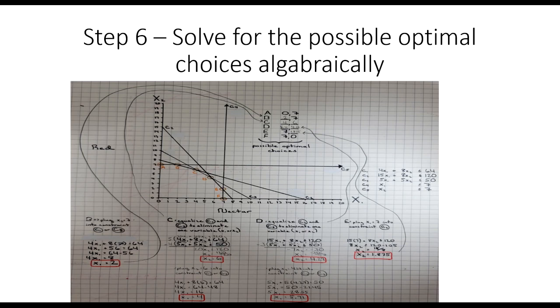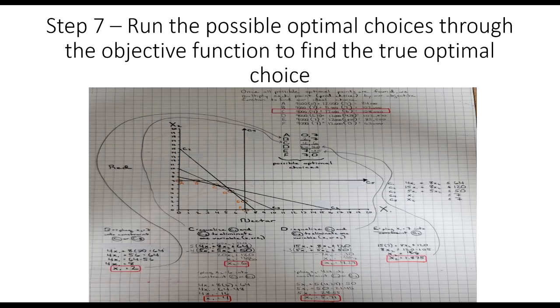Following the same steps from before, step 7, we're going to run the possible optimal choices through the objective function to find the true optimal choice. Our objective function was max z equals 9,000 x1 plus 12,000 x2.